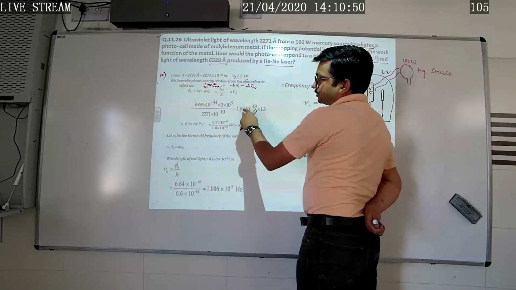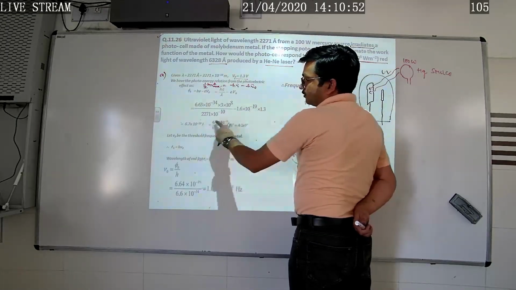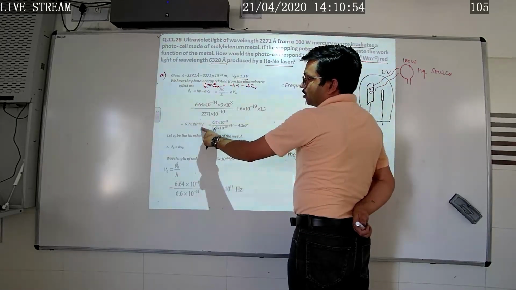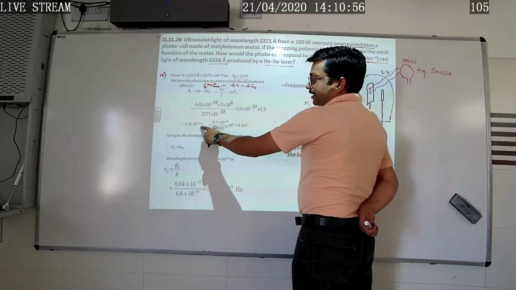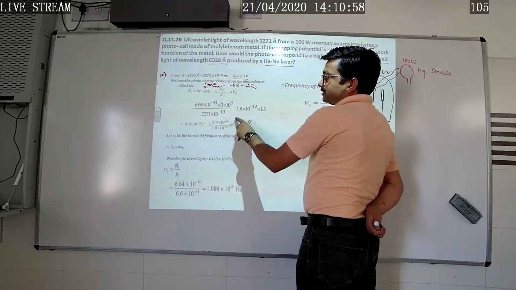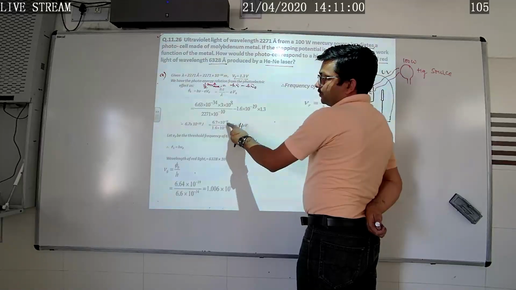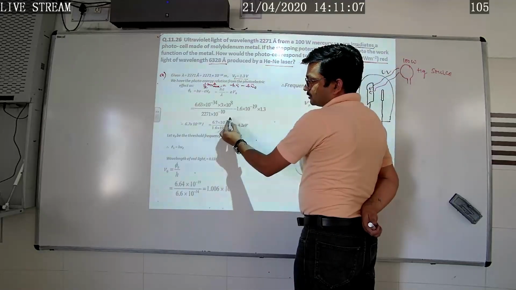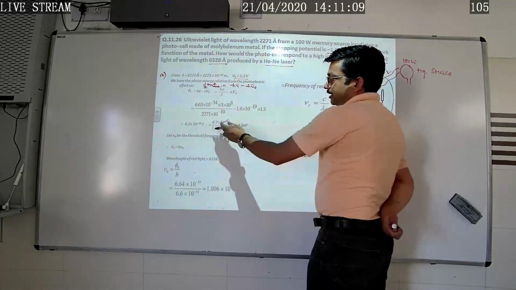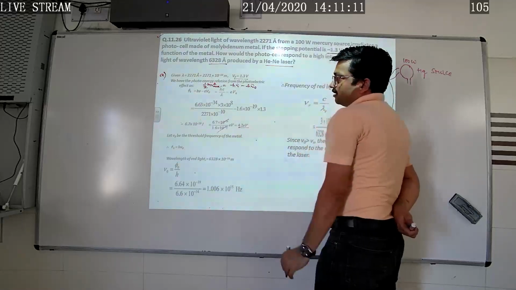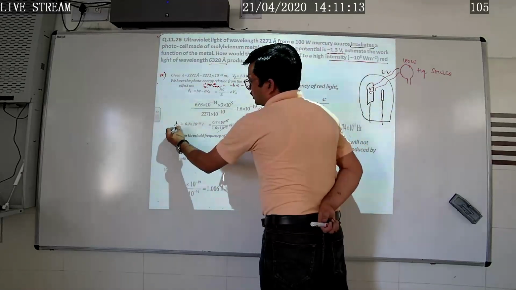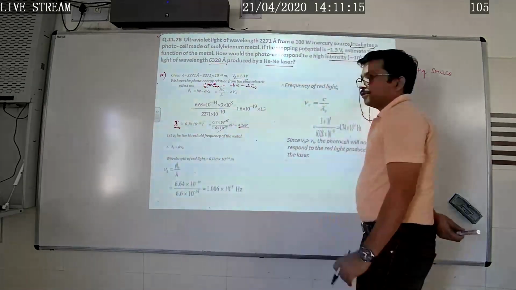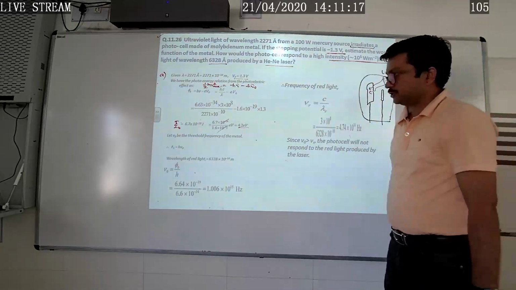Don't get confused. After calculation we got it in joule, and to express it in electron volt we divided it by 1.6 into 10 to the power minus 19, as a result of which this cancels out. After dividing, we got the work function as 4.2 electron volt.